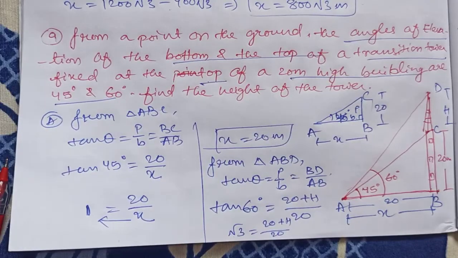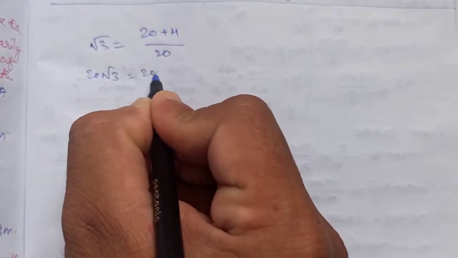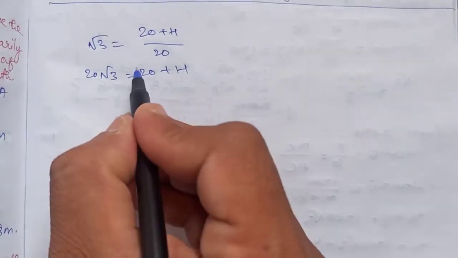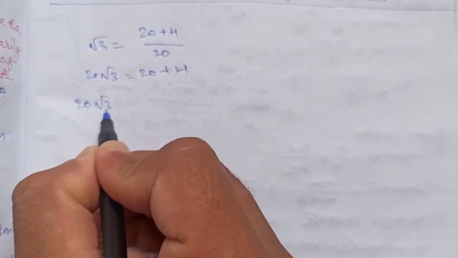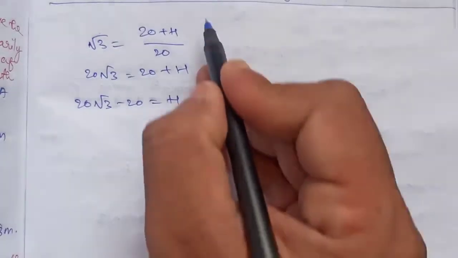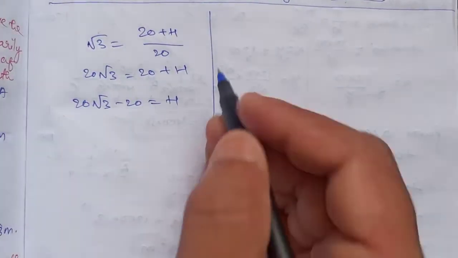Now cross multiply, we will have 20 root 3 equals 20 plus H. Bring 20 this side. 20 root 3 minus 20 equals H. Now take out 20 common.